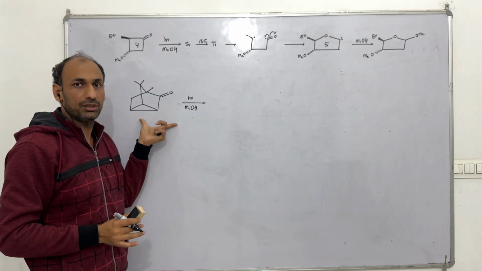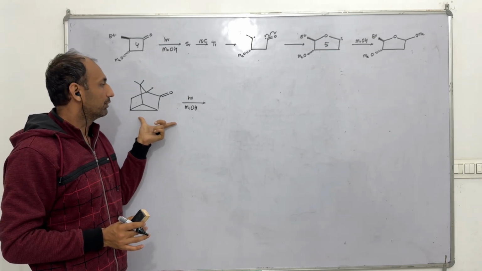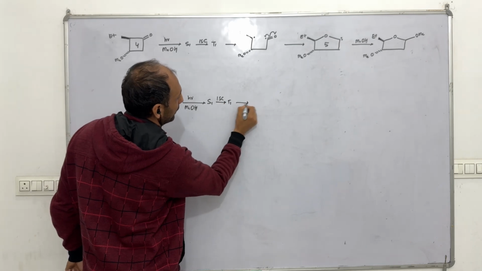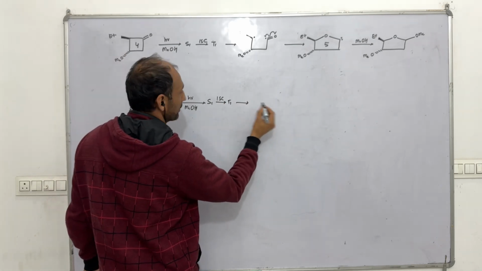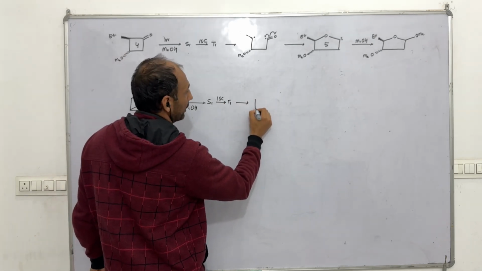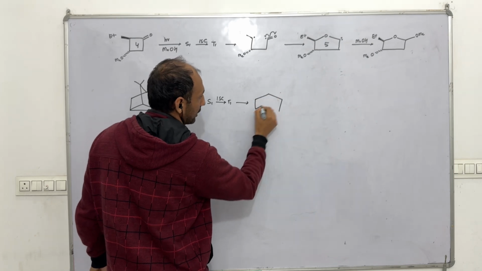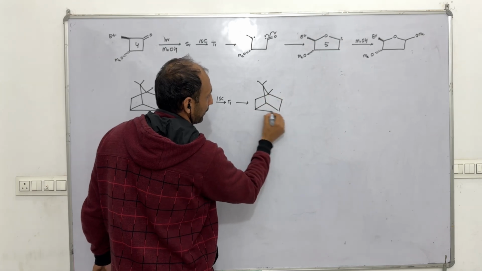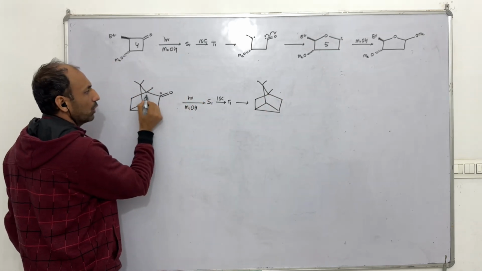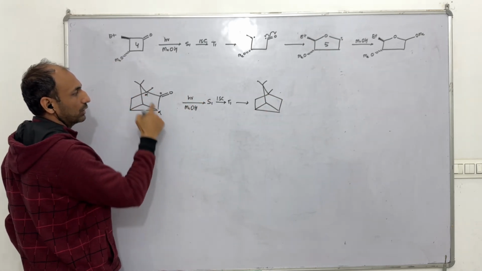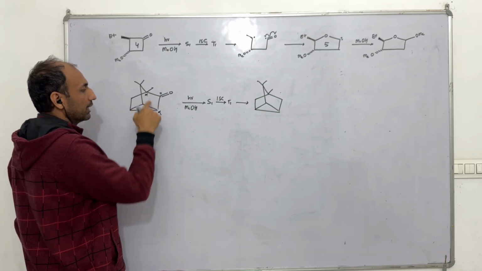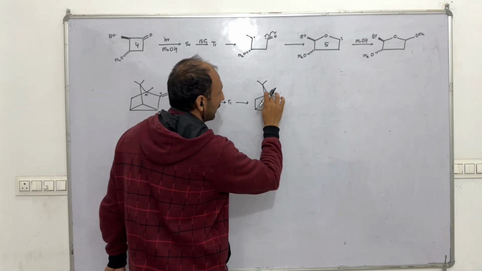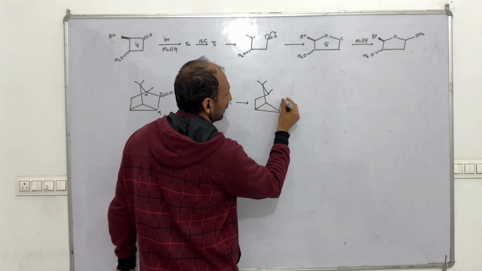Now in this example, what we will observe, yes, S1, ISC, T1. So what we'll observe? We will observe alpha cleavage first. Okay. Both are alpha positions, but this one, because this is the bridge as well, so this alpha will break down.